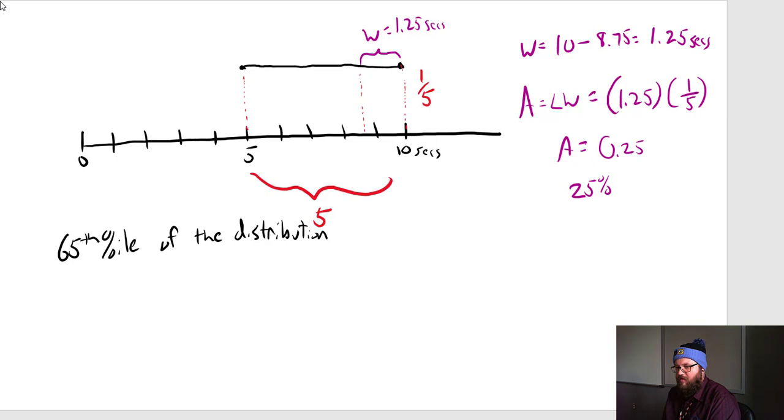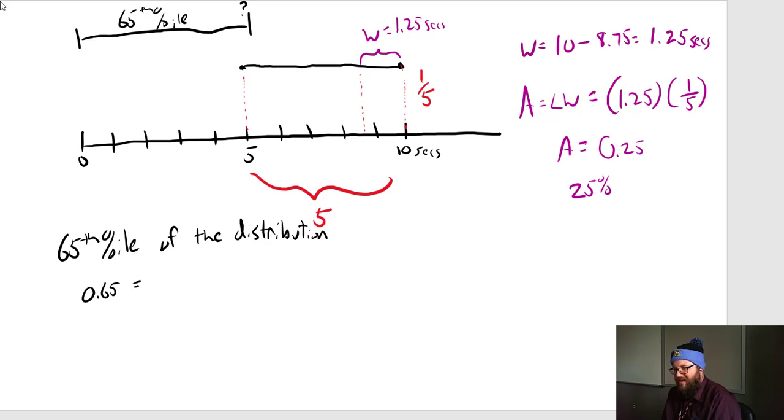So we want to know the area from wherever here to wherever the 65th percentile. Okay, we want to know that value. We want to know this value, right? So we know the area is 0.65.